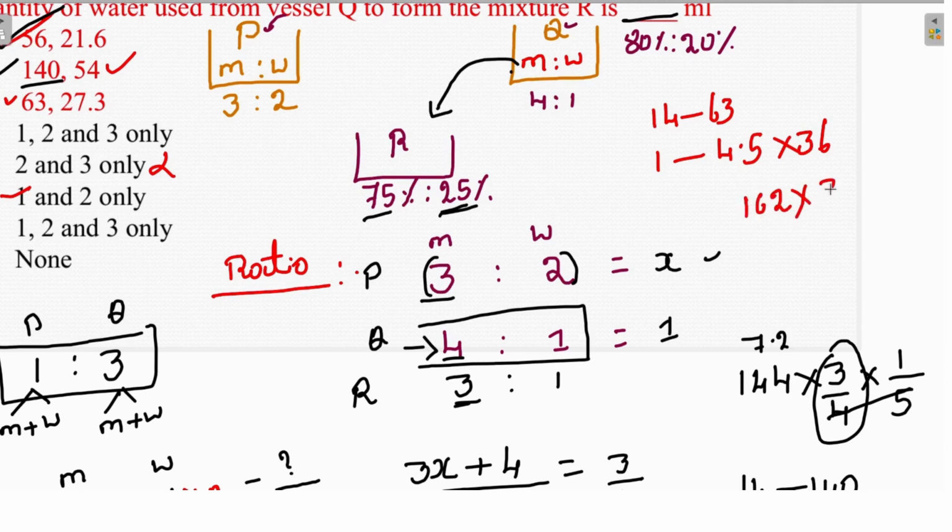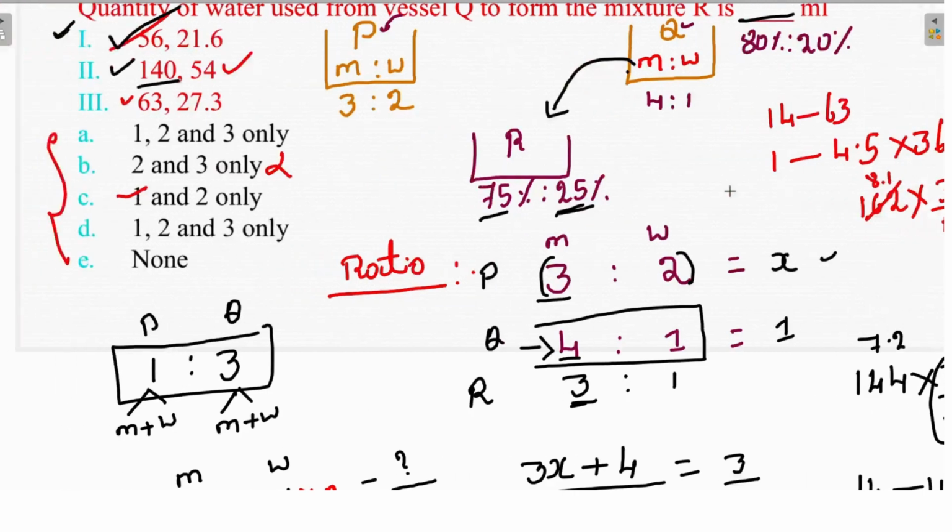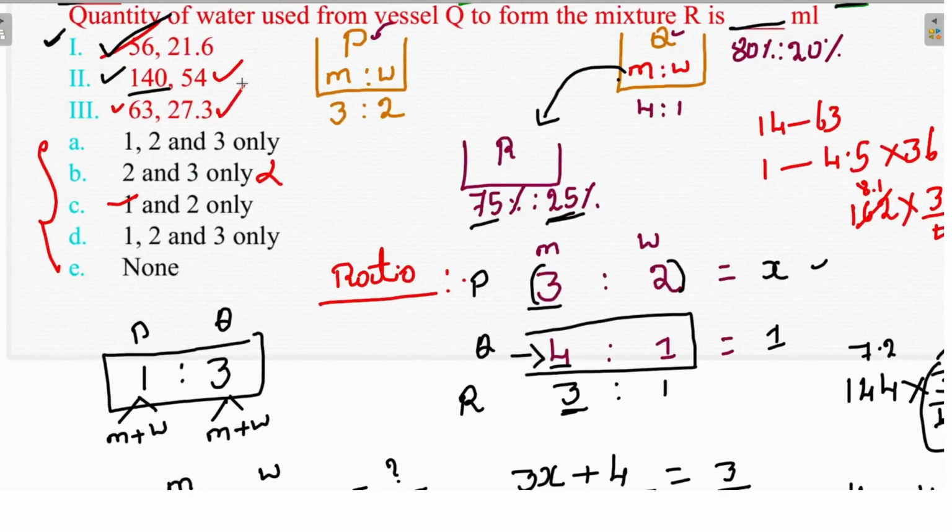Same, 3 by 4 and 1 by 5. 162 means 81, so you will get 24.3, but here you have 27.3. So this option is not possible. So option C will be the answer.